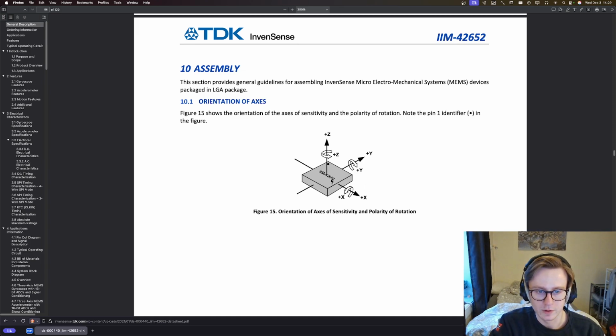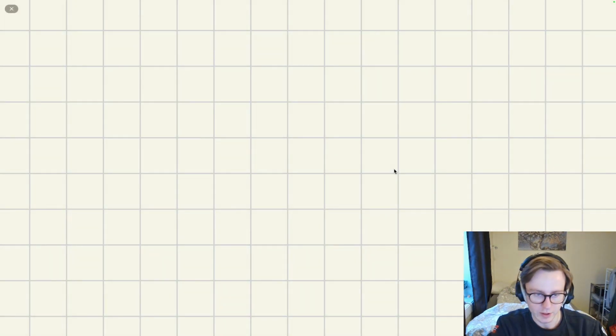So we need to implement a code that transforms this, however we tilt it, into this, basically. So I've thought a tiny bit about it, but I don't know how to do it, so we'll see.